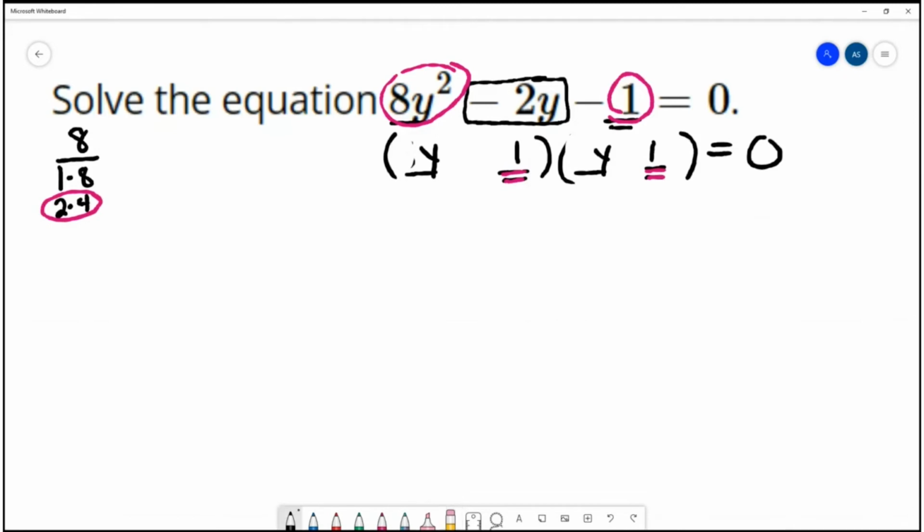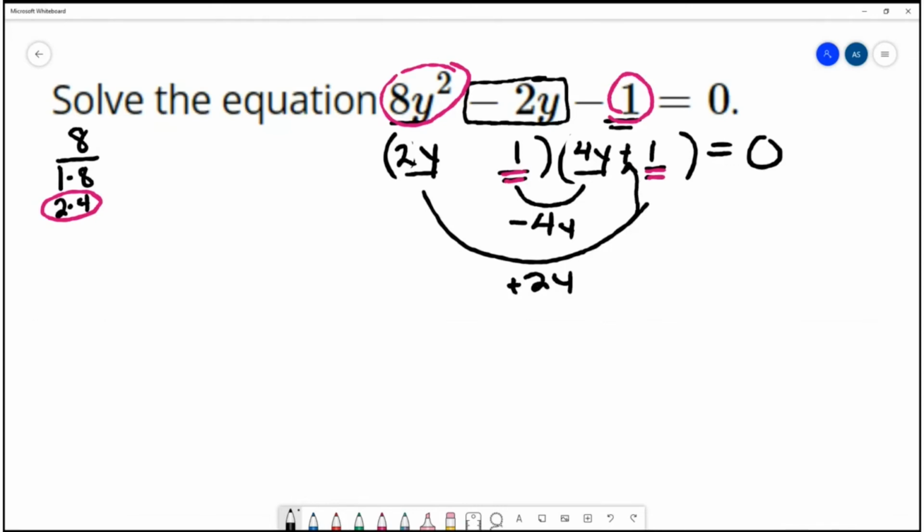If I have 2 and 4, and I check the inside, that's 4y, and the outside, that's 2y, can I combine those together to get the middle term of negative 2y? Yes, you can. You can do a negative 4y and a positive 2y. That means if I trace this back, I need a positive here and a negative here. So I factored completely: 2y minus 1 times 4y plus 1 equals 0.